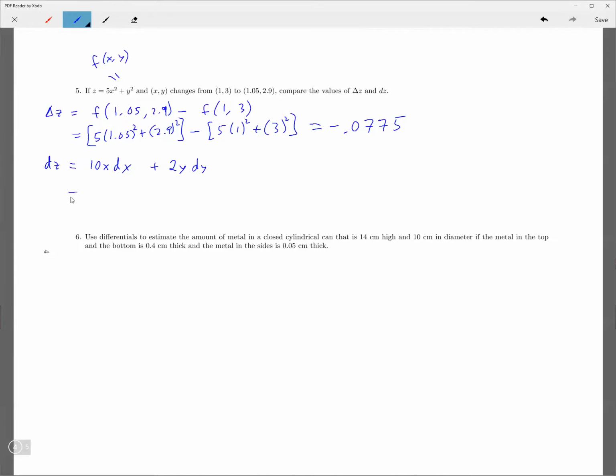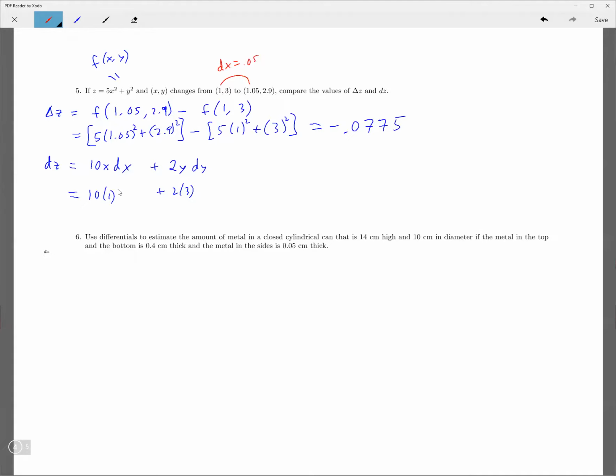Okay, now what we're going to do is use this first point and plug in the first point there. And then for the dx and dy, we're going to use this. So it went from 1 to 1.05. That means your dx is 0.05.